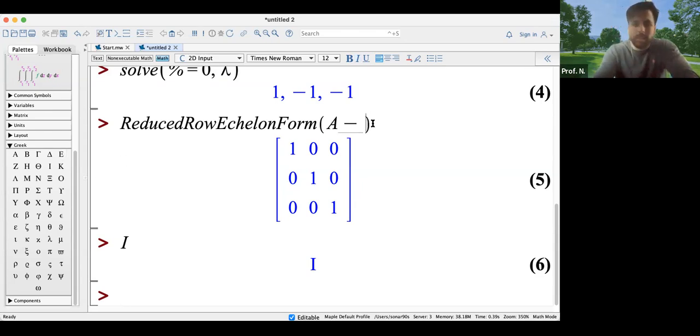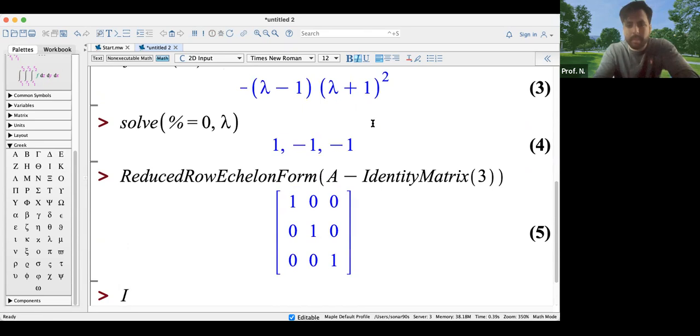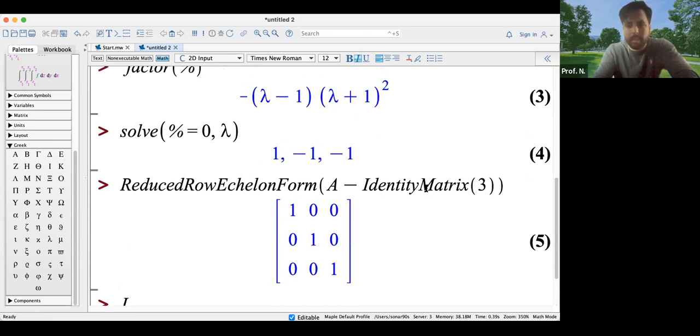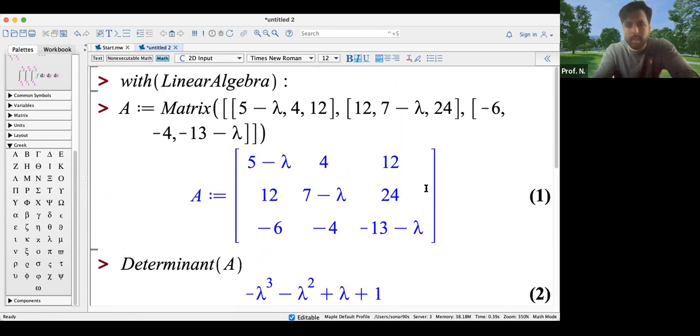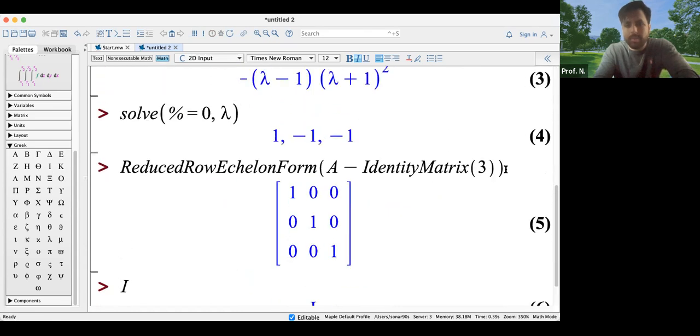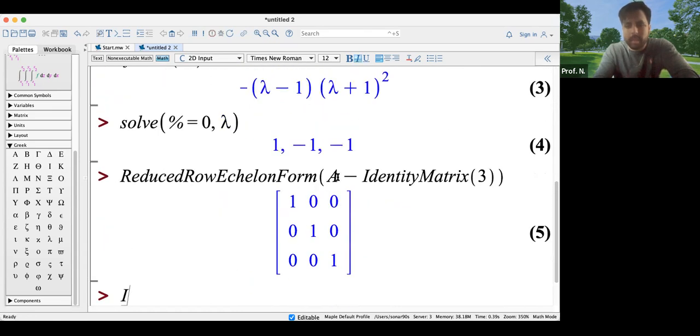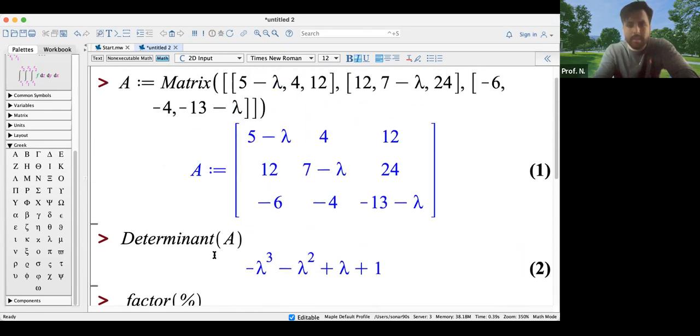So I have to actually specify identity matrix, and then this is 3 by 3.